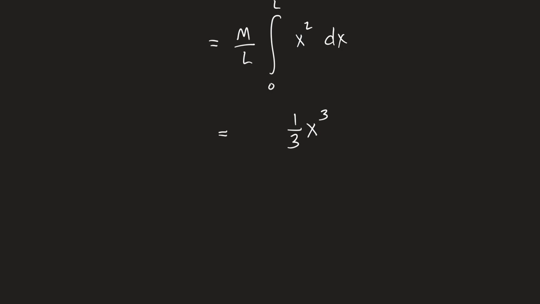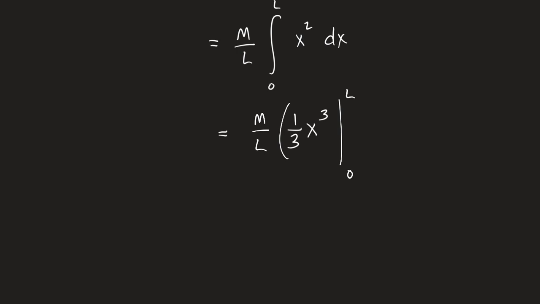Now that that's done, you can't forget that there is a set of constants out front, so bring them down, but the integral symbol disappears now because we've done the antiderivative. This function will add up and sum all of the different pieces of mass from 0 to L. To do that, I now must put in my limits of integration. So step 1, find the antiderivative.